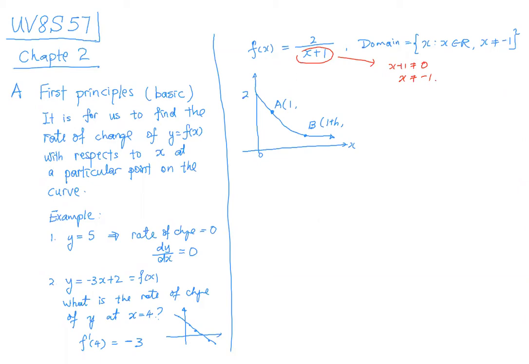So I'm not able to know, correct? So we are going to use the first principle to try to find the rate of change at point A. So now our objective is using the first principle.